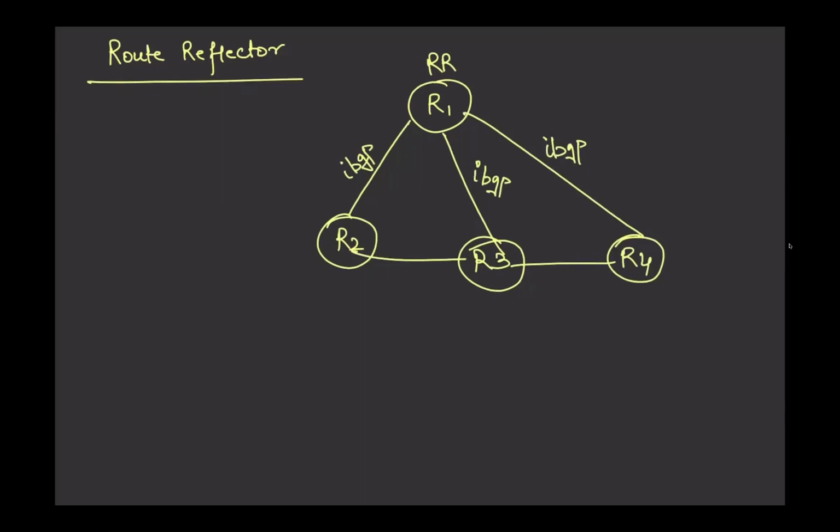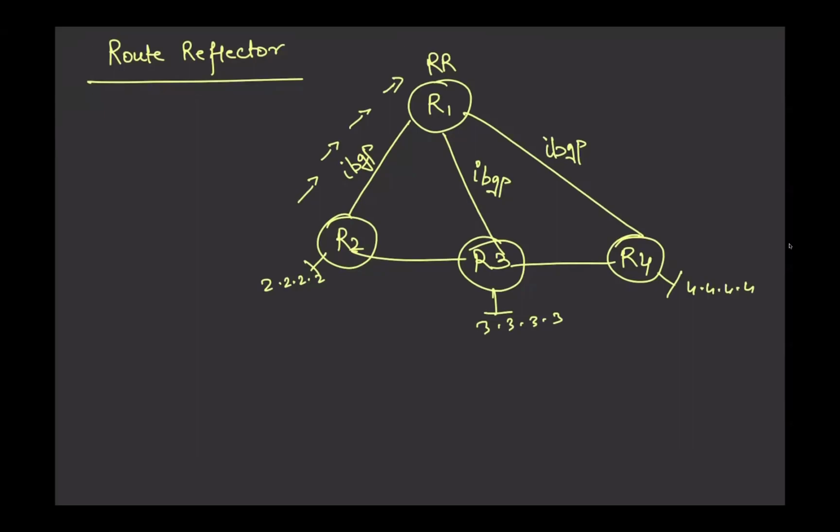Now if anyone wants to send its update, for example, there is one network here and R2 wants to send an update, or R4 having one network here, or R3 having a network here, they're gonna send the update about their network to the route reflector. And then it's the route reflector's responsibility to send that update to others.